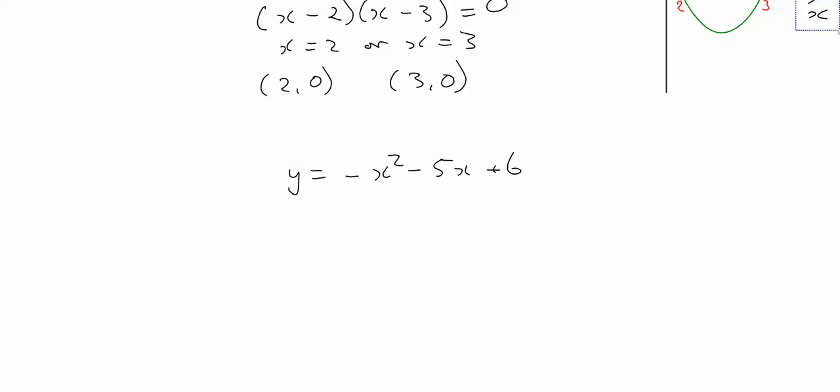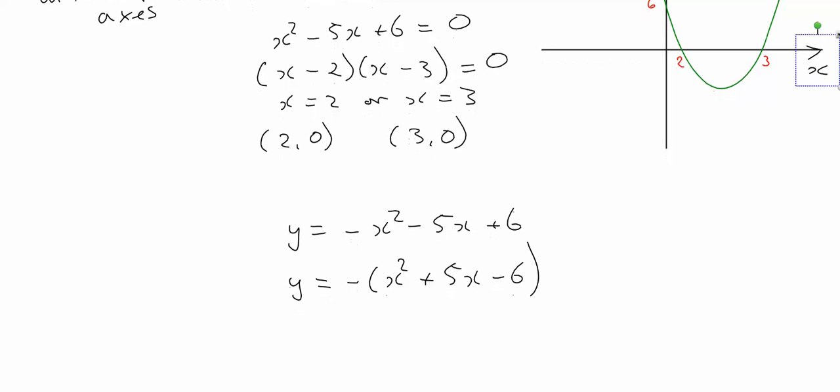Supposing we have a negative x squared term, so a in this case is minus 1. Well, we do the same thing again, but with an added step. Factorize the quadratic by taking out the factor of minus 1. So make that x squared plus 5x minus 6. Now that's a similar equation to the one we had before, but it has quite different factors.